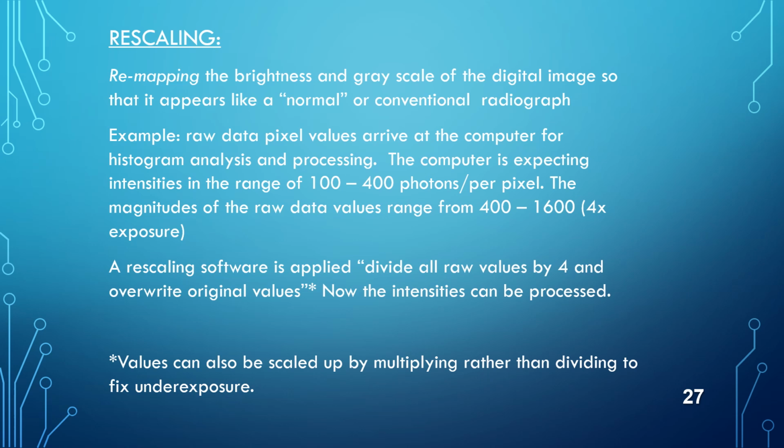In fact, the software has an antagonistic effect to adjusting density. And so my advice to you: I'm required to teach you the density buttons, but my ultimate advice to you, that you don't see in the books, is rescaling software makes density buttons obsolete, absolutely obsolete.